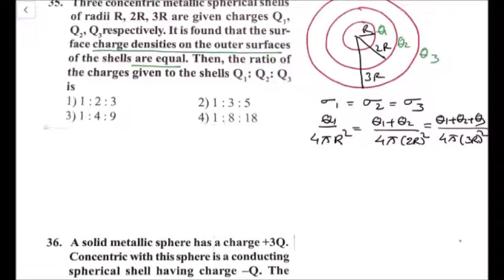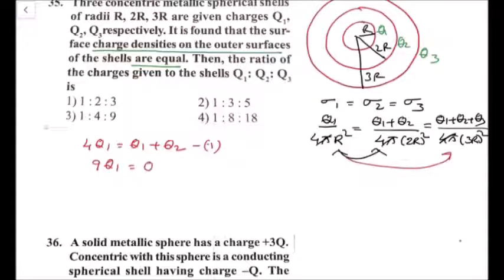So here 4 pi cancel, take these two equations. Now you will get r square also cancel. So 4q1 is equal to q1 plus q2. So this is equation number 1, and next, if you take the third one and first one, 9q1 is equal to q1 plus q2 plus q3.